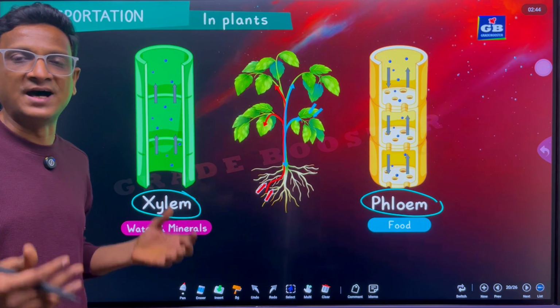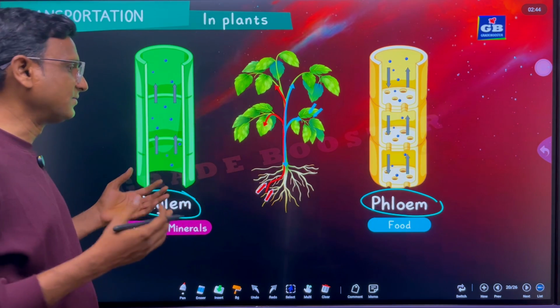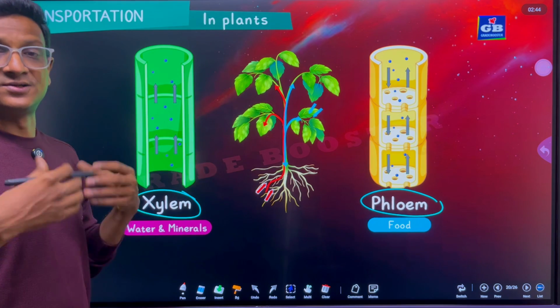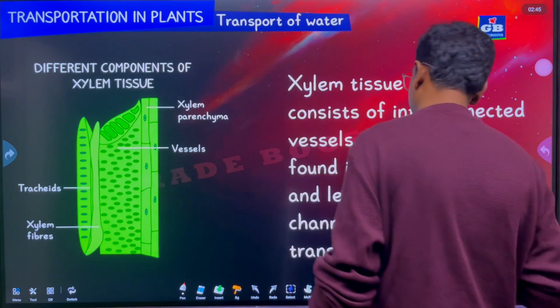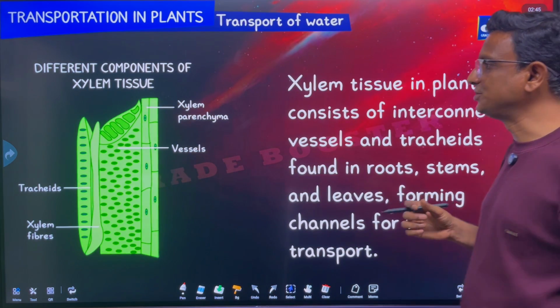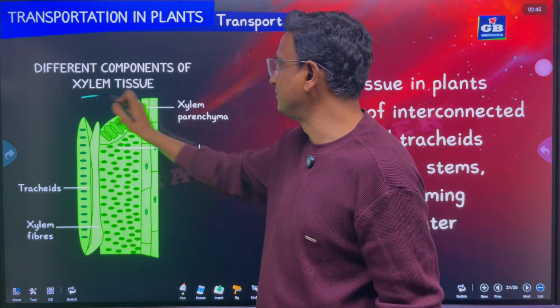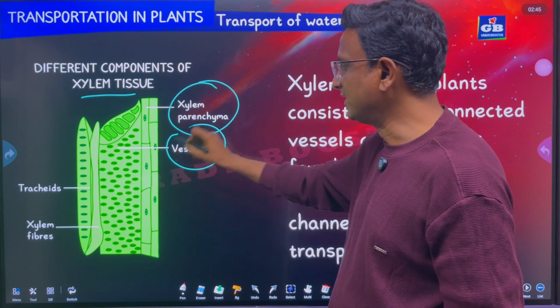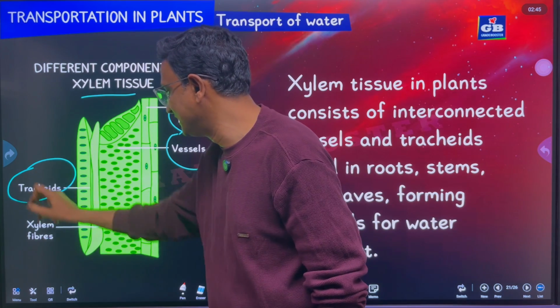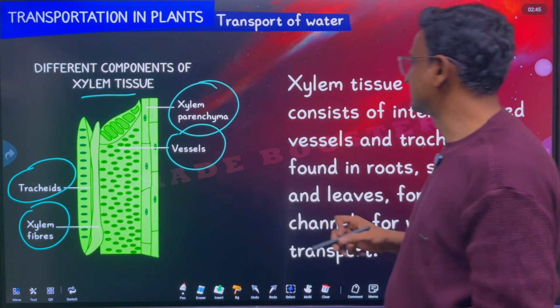These vascular bundles carry the water and food to different parts of the plant. Just as we have arteries and veins, in the same way plants have xylem and phloem for the transportation of materials, right? Now let us see the structure of xylem tissue. What are the different components? It has different components like xylem parenchyma, xylem vessels, tracheids and xylem fibers.